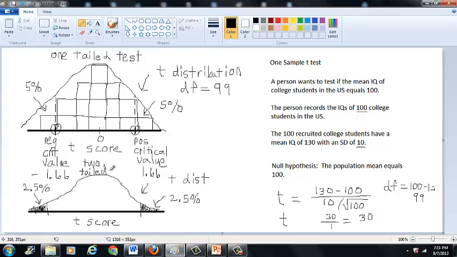The person simply waits to see if their t-score is positive or negative. If it ends up being a negative t-score, they compare it to the negative critical value. If it's a positive t-score, they compare it to the positive critical value.